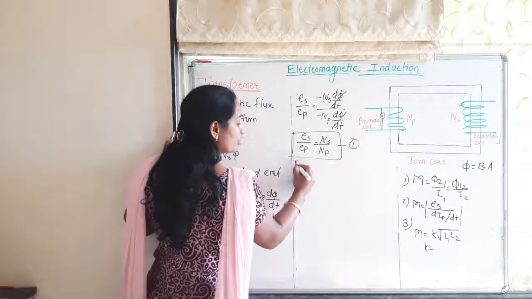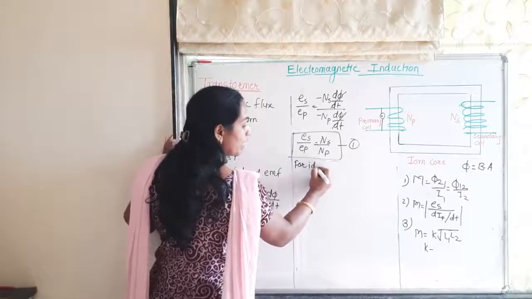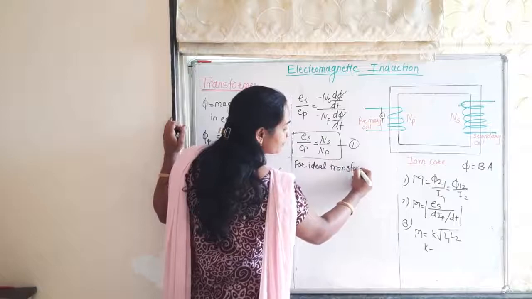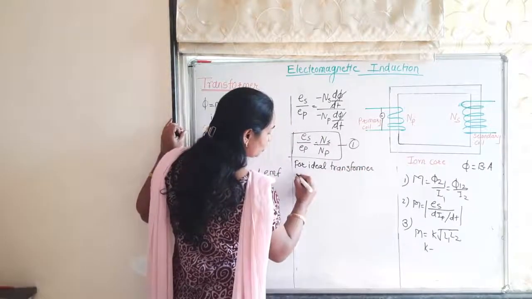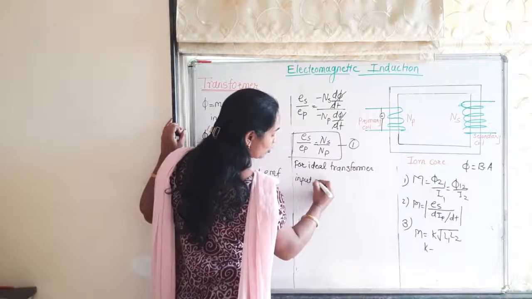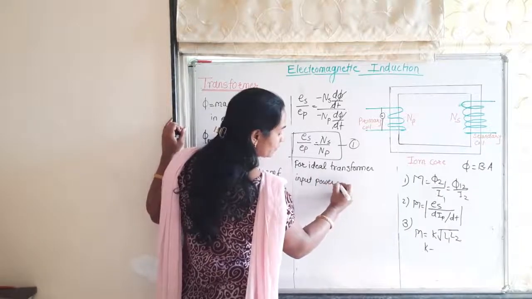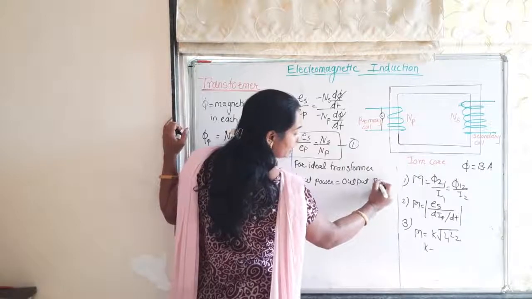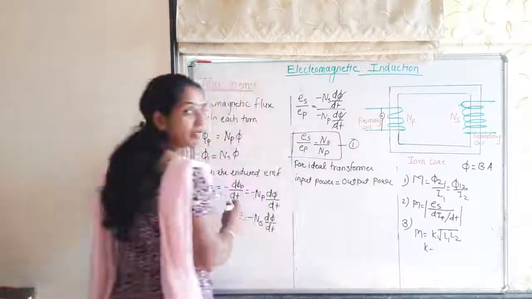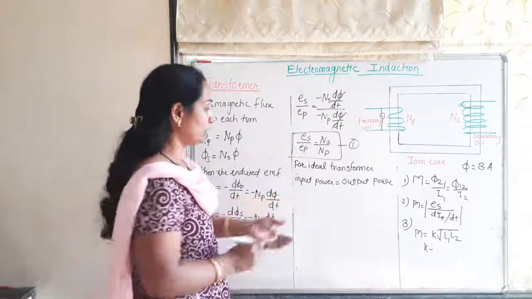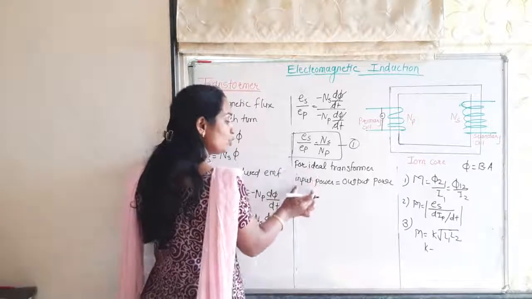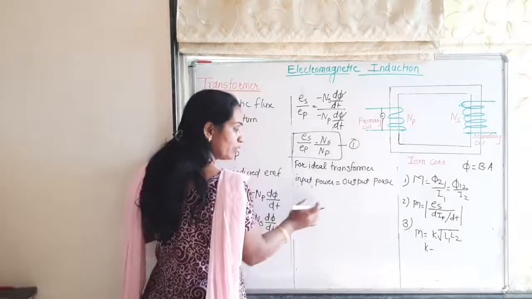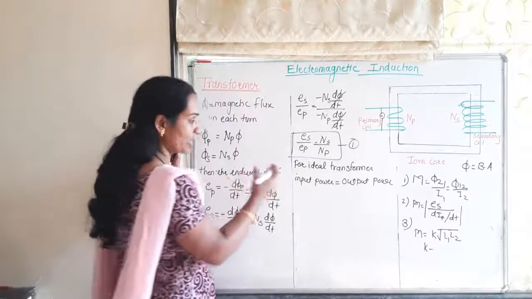Then we consider an ideal transformer, which means input power is equal to output power. This happens only in ideal transformers; practically this does not happen.